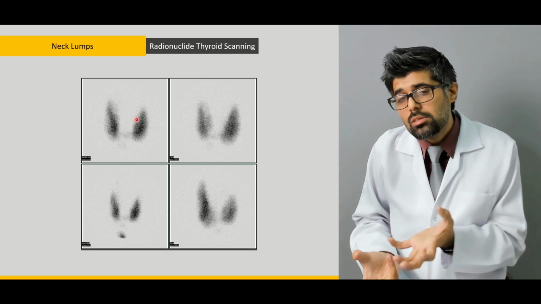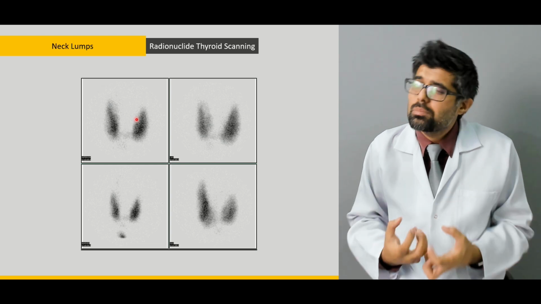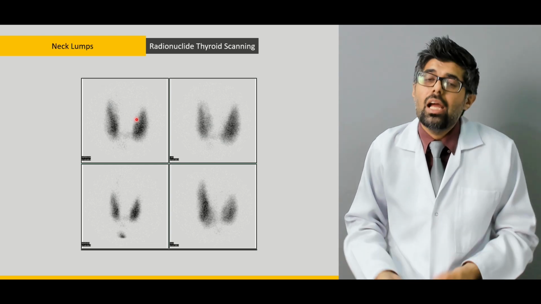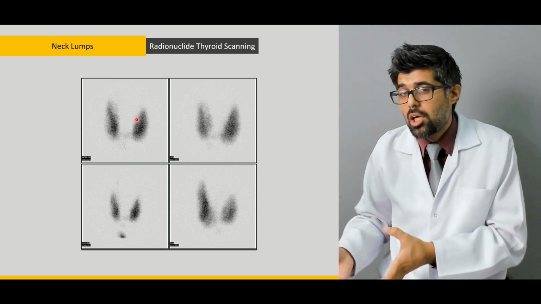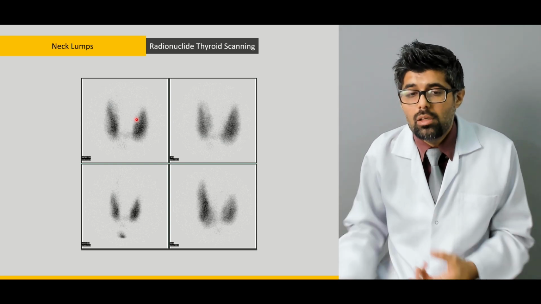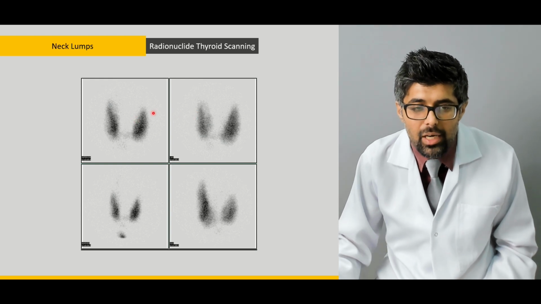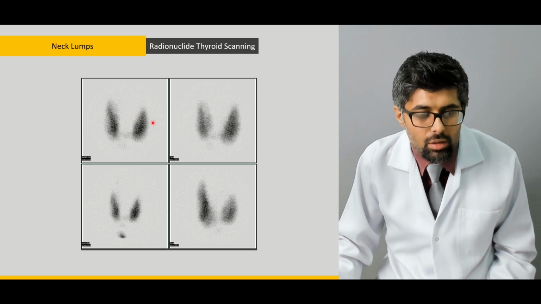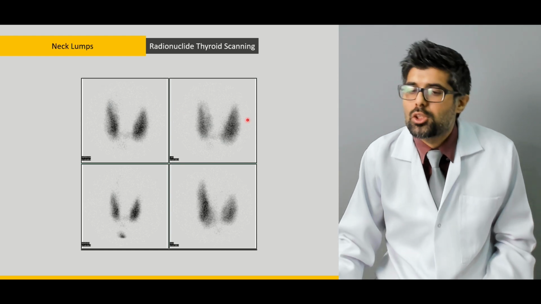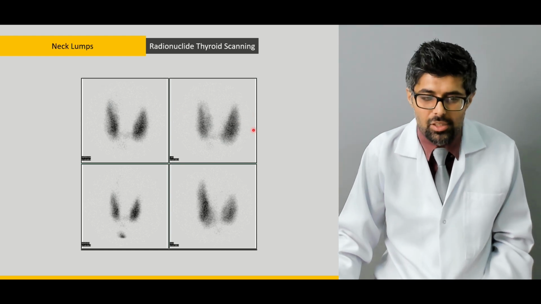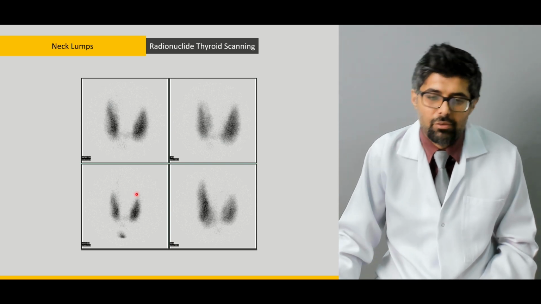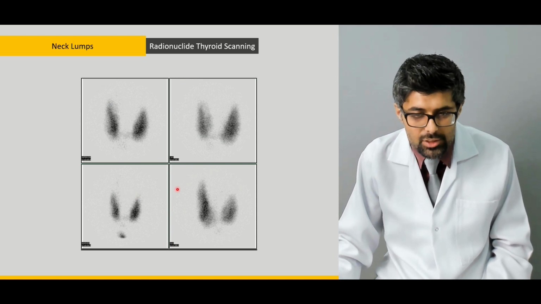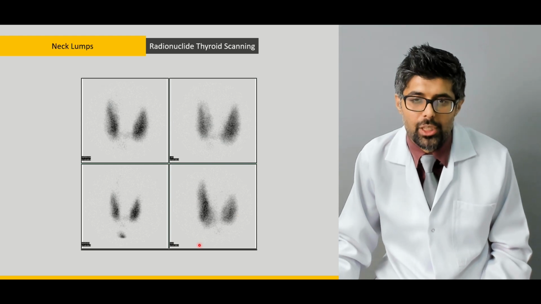Now, how much the thyroid gland takes up that iodine and metabolizes it tells us how much the thyroid gland is functioning. Now here the thyroid gland is functioning well. Here one lobe is functioning a little better than the other. Here there's not much metabolic activity going on, and here it is disproportionate.